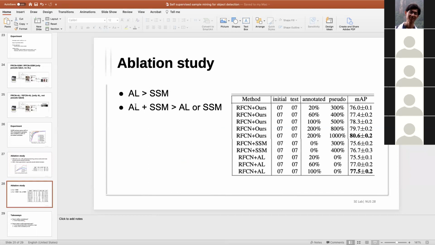So here, they claim that if we combine active learning and self-supervised mining, then it's better than either active learning or self-supervised mining. SSM, what's the full name of SSM? Self-supervised mining. Okay.